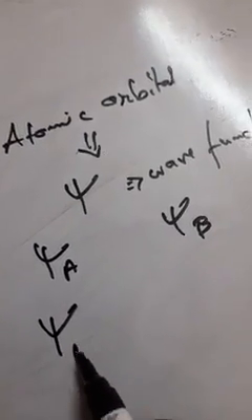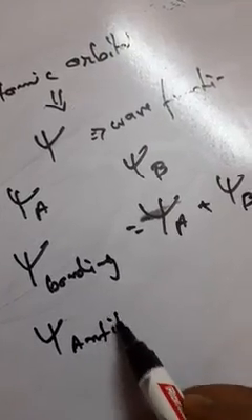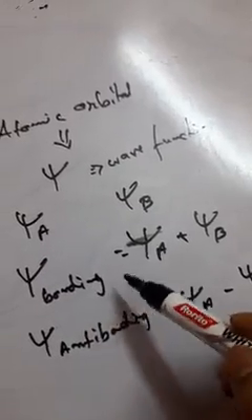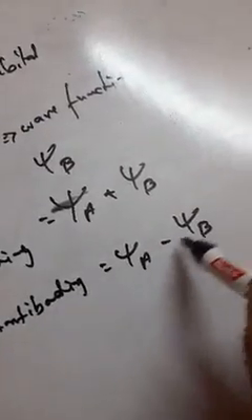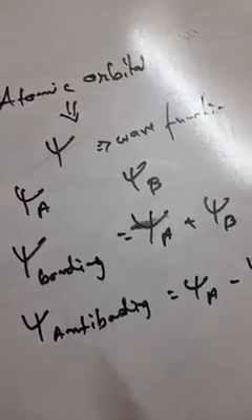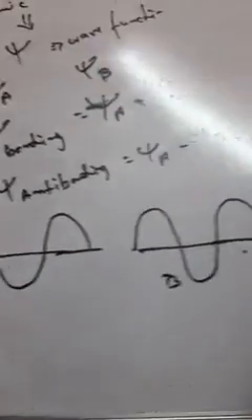So psi bonding equals psi A plus psi B, and psi anti-bonding equals psi A minus psi B. When they overlap with the same phase, the total amplitude is increasing, and that time we are getting bonding. And when it is in the reverse way, in opposite phase, at that time we are getting anti-bonding.